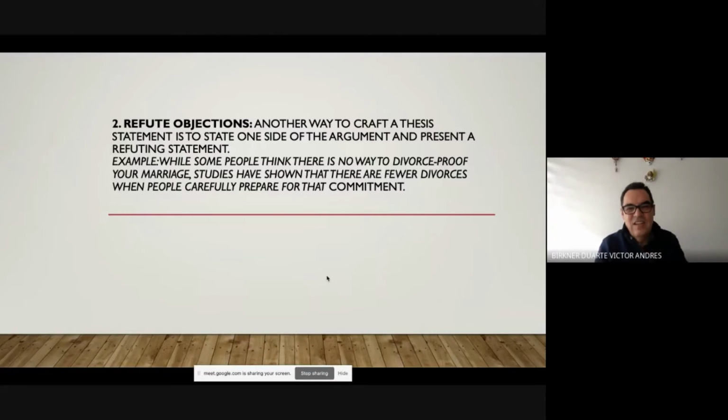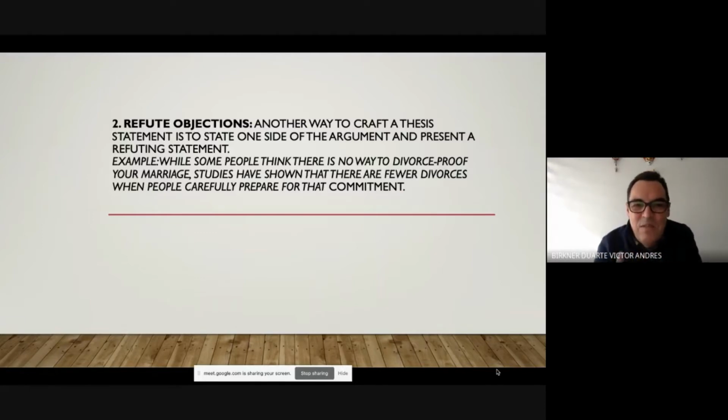Let's see. I'm going to read through in order to make the refute objection strategy clearer. Another way to craft a thesis statement is to state one side of the argument and present a refuting statement. Let's see the example.